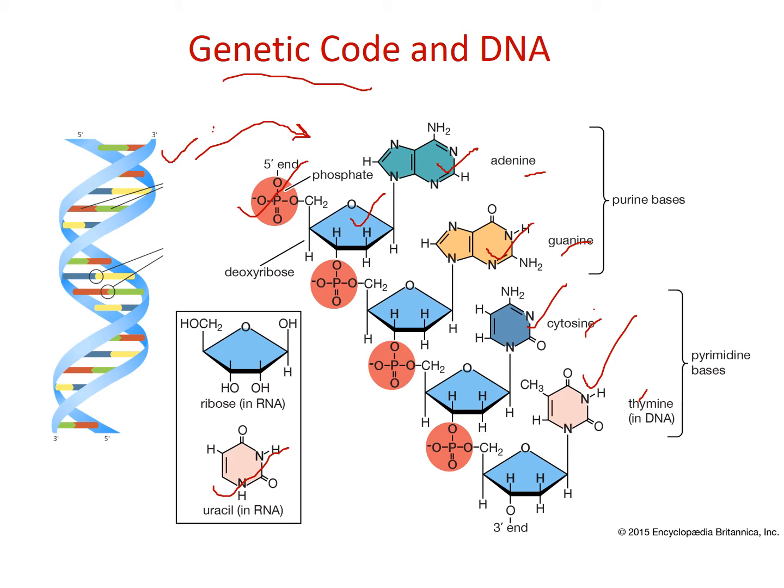But out of these three components, phosphoric acid, deoxyribose sugar, and nitrogen base, the sugar and phosphate form the backbone of the DNA, and they are always the same. There won't be any difference in these two components throughout the DNA molecule, right? So these molecules cannot carry the genetic information because they are not varied.